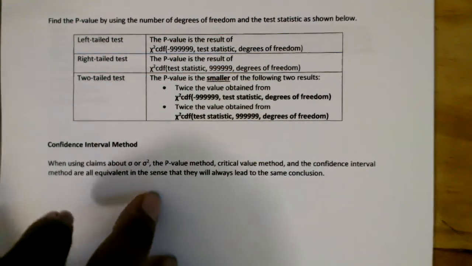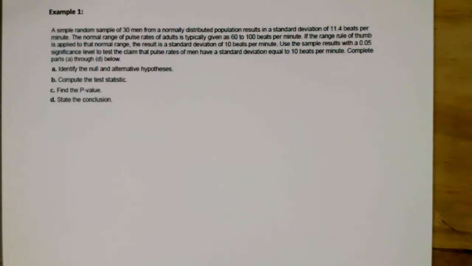Okay, so let's look at a few examples of just this and how to use that chi-square CDF command. All right, in example 1, it says this: a simple random sample of 30 men from a normally distributed population results in a standard deviation of 11.4 beats per minute.